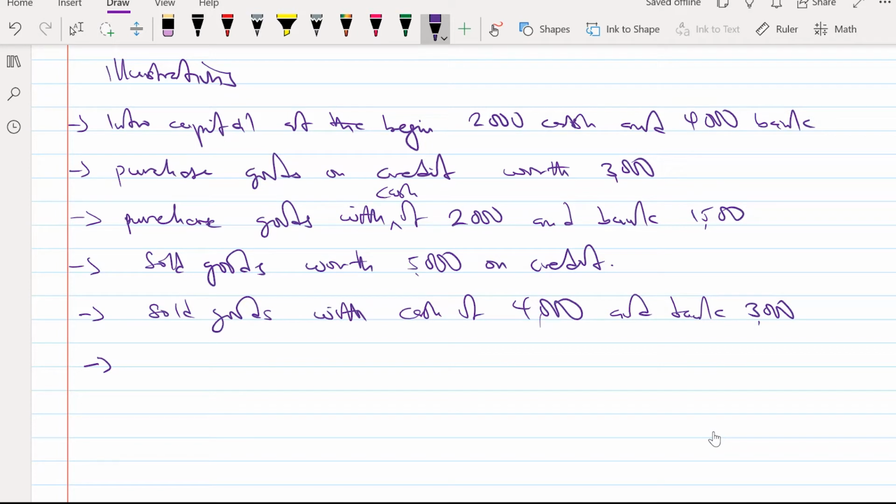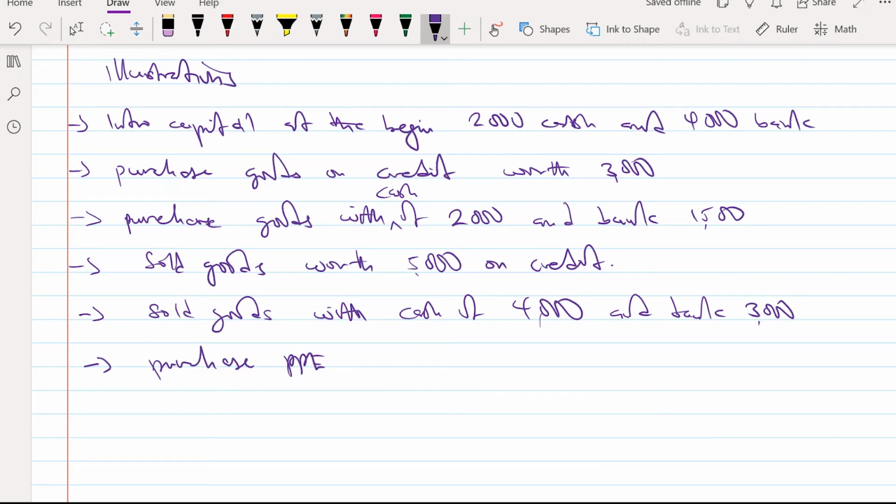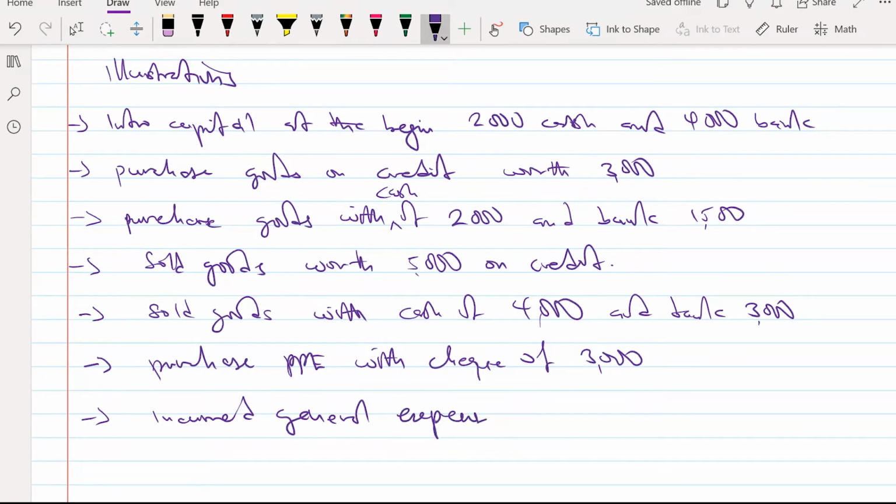Then we have purchase PPE, we have purchase PPE with check of 3,000, then incurred general expense with cash of 2,000.